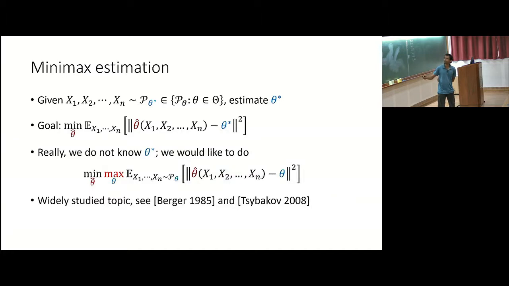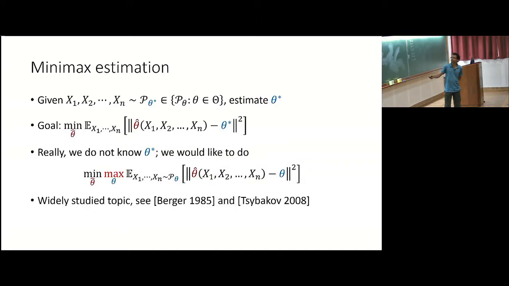Given an estimator theta hat, I'll pick the theta that maximizes this error. That's the worst case risk of the estimator, and then I want to minimize this worst case risk over all the estimators theta hat. This is an extremely well studied topic in statistics, and there are books on it.